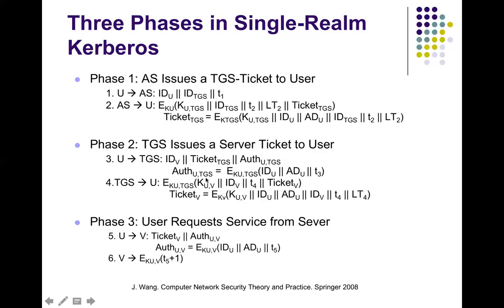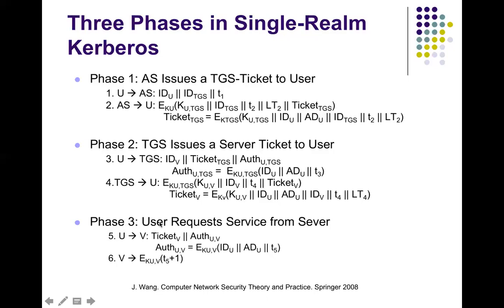So this should be authenticated and should not be seen by others. That means it will be encrypted using the session key K sub U comma TGS obtained from the previous step. Then the user U can use their session key to decrypt this message and get this session key between U and server V. So that's what phase 2 does.